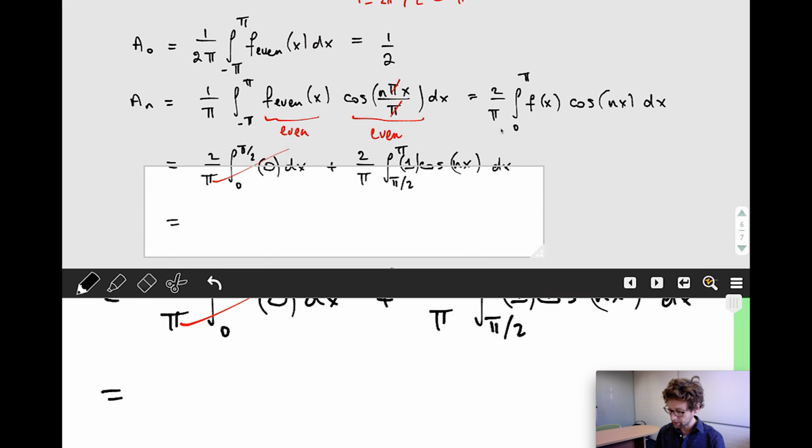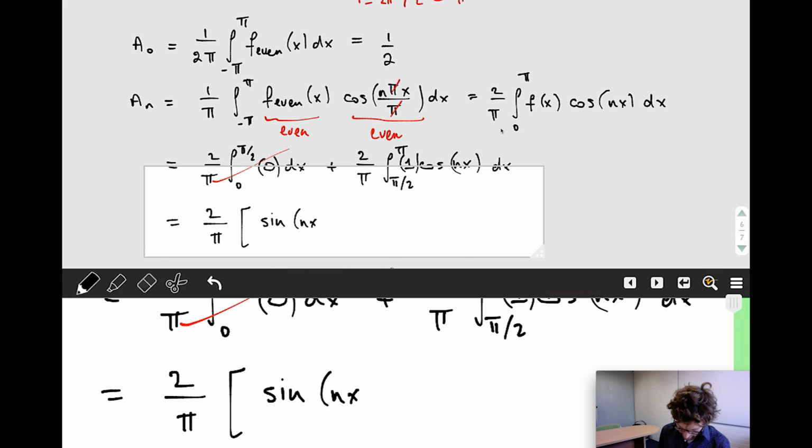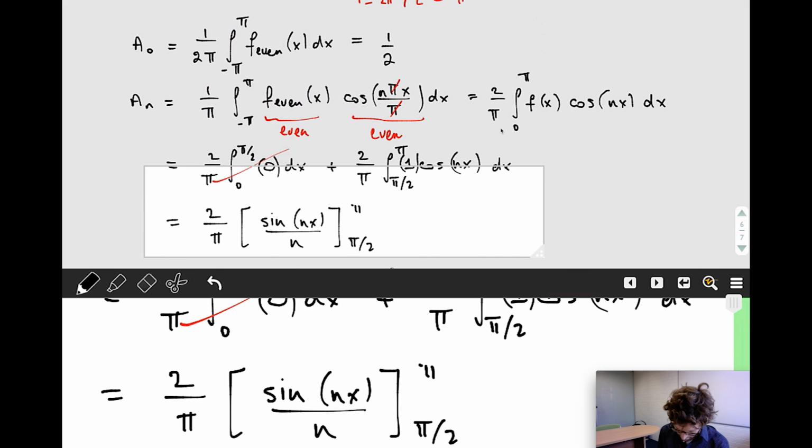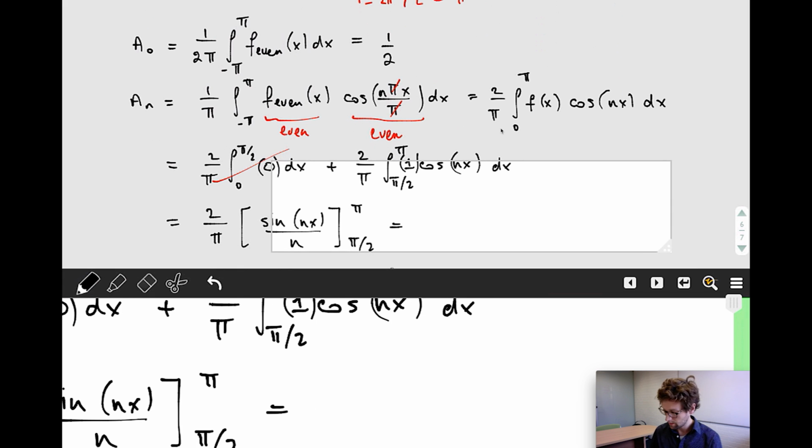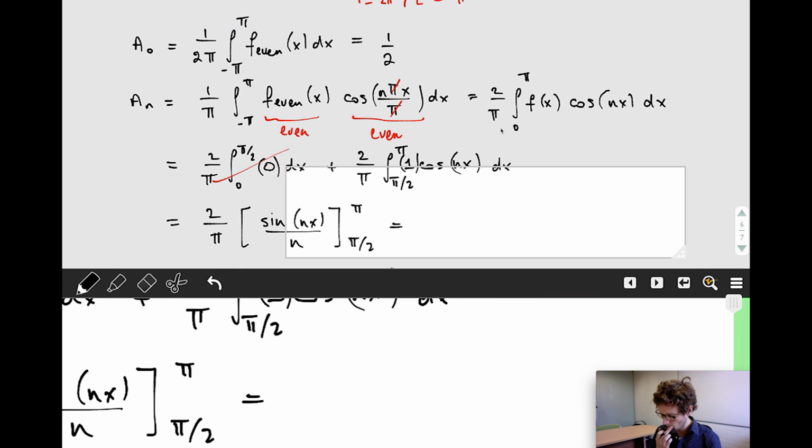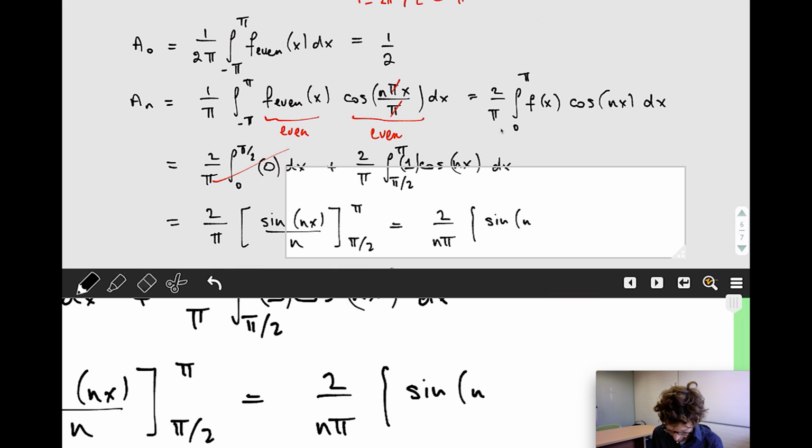And the second integral, the integral of cosine nx, is just going to give us 2 over pi times sine nx divided by n from pi over 2 to pi, which is going to give us 2 over n pi times sine of n pi minus sine of n pi over 2.